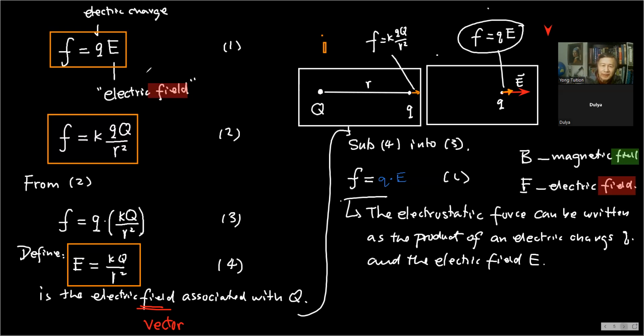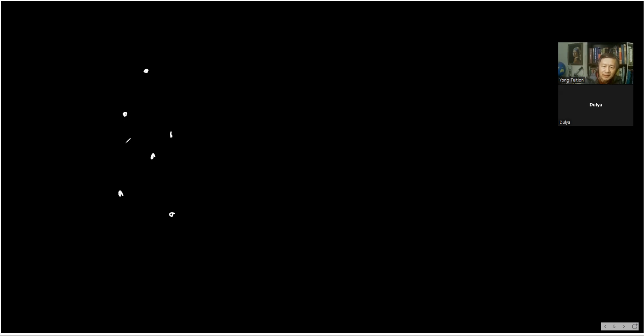For example, if you have many charges, like a molecule, so this is Q1, Q2, Q3, and so on. But if we are only interested in the force acting on this charge Q, and you use Coulomb's law, you work out each interaction, the force positive or negative, attraction or not, and work out each pair's force.